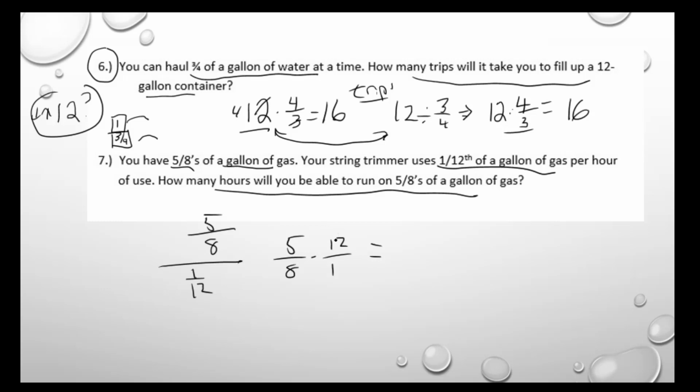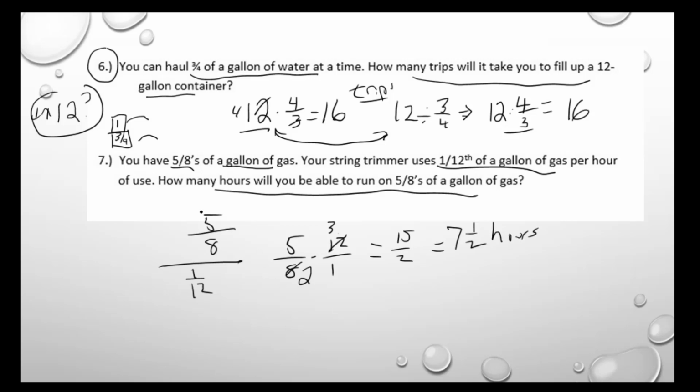You can always cross reduce. Divide 8 by 4 and get 2, and divide 12 by 4 and get 3. So you get 15/2, which is 7 1/2 hours.